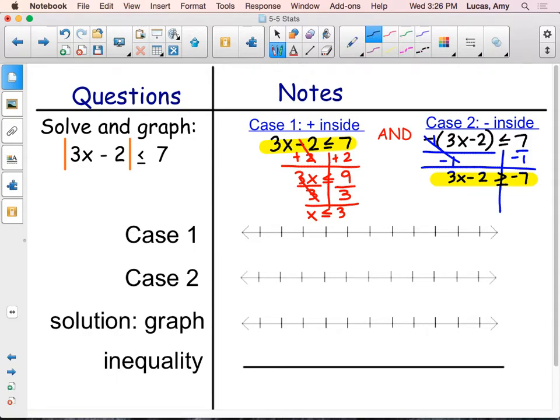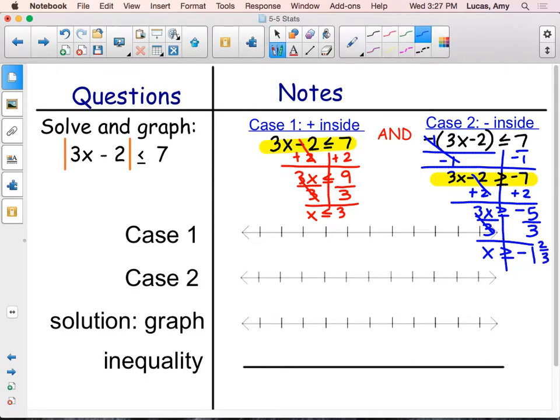There were 2 changes. Very important. Okay, add 2 on both sides. So 3x is greater than or equal to negative 5. And then I divide by 3, and I am going to get x is greater than or equal to negative 1 and 2/3.